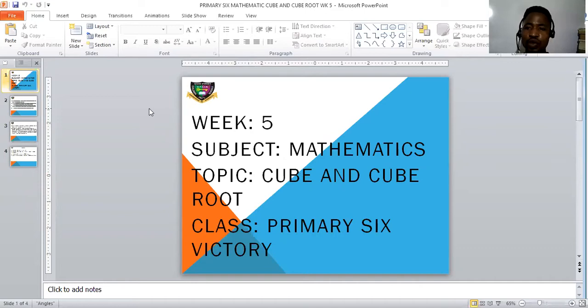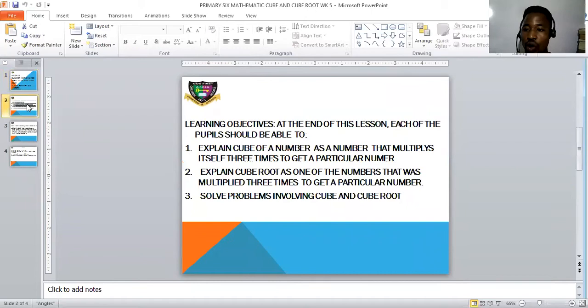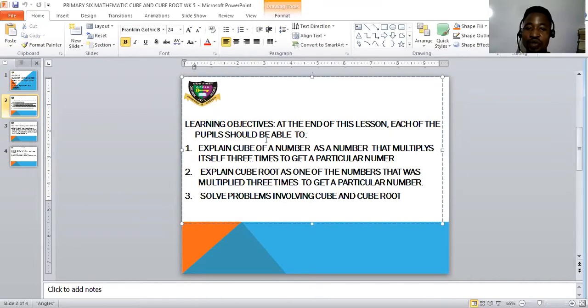Now, before we go ahead with the class, let us quickly know those things you're expected to know at the end of this class, which we call our learning objectives or behavioral objectives. Number 1: you should be able to explain cube of a number as a number that multiplies itself 3 times to get a particular number, or a number raised to power 3.